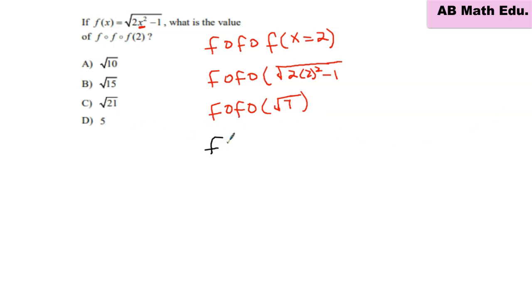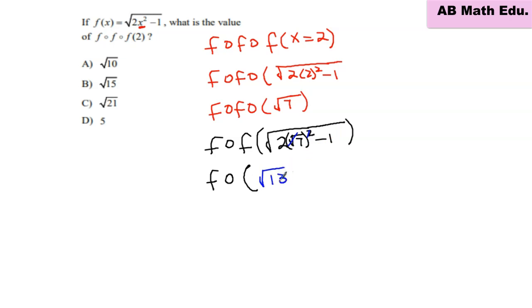So we have f of root 7, and then here it's going to be 2 times, and the x here is just going to be root of 7 all squared, minus 1. Square root of 7 squared will just get this one away, and then 7 times 2 is going to be 14. 14 minus 1 will be root of 13. So we get root of 13.